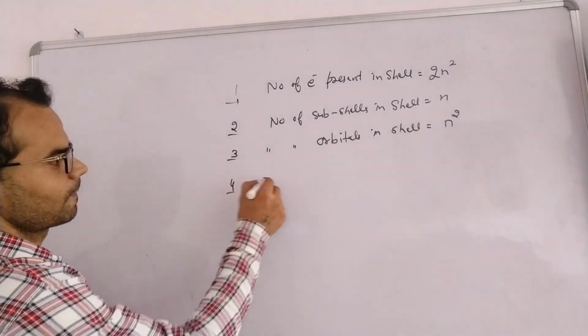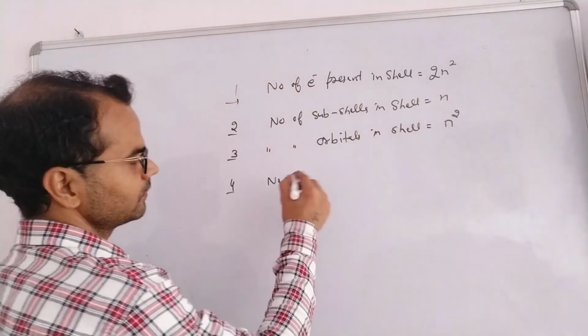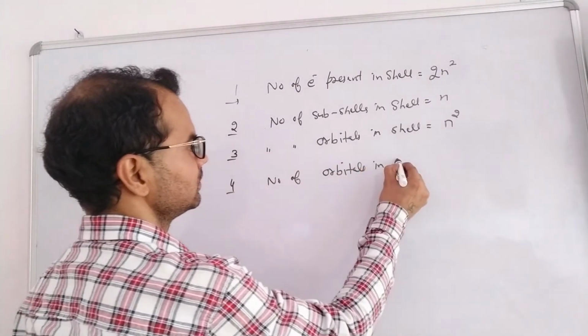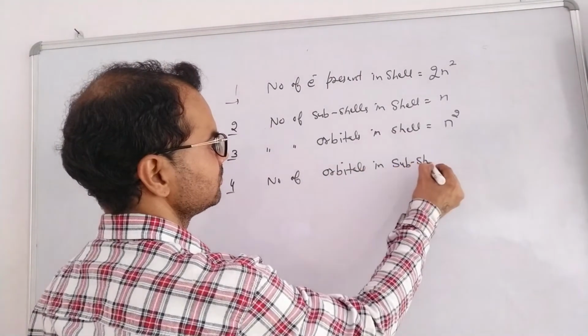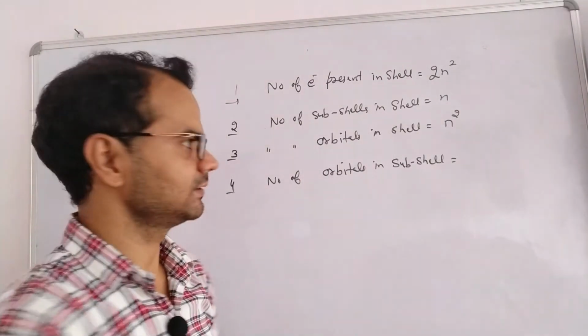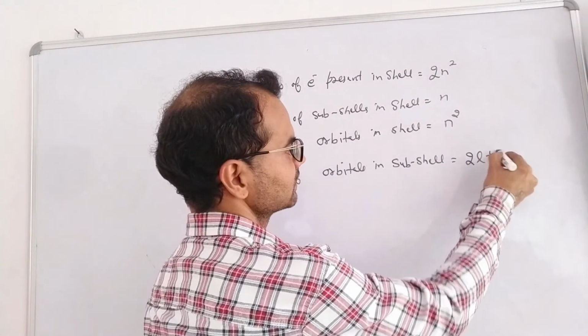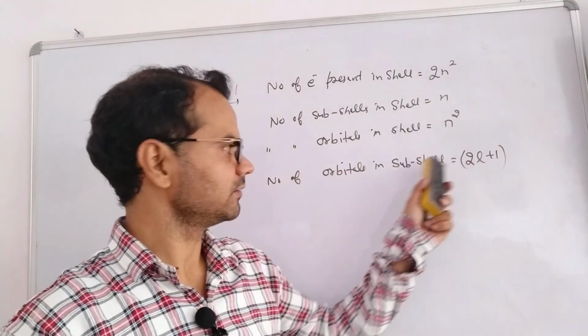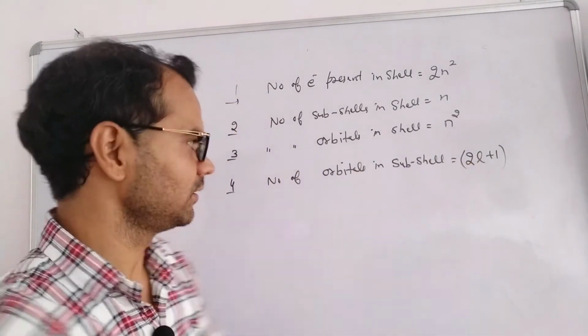Fourth, the number of orbitals in a subshell. The number of orbitals in a subshell is 2l plus 1. Number of orbitals in a subshell equals 2l plus 1.